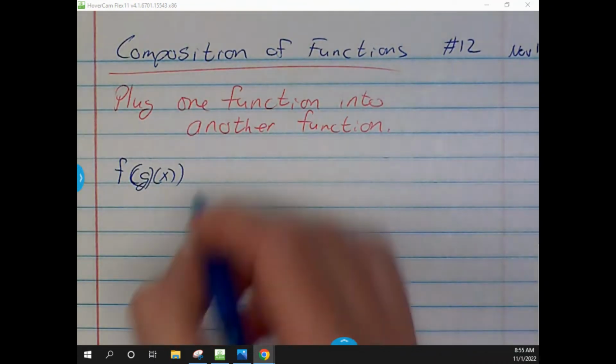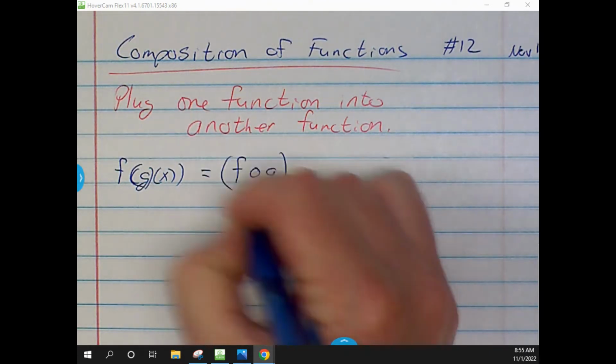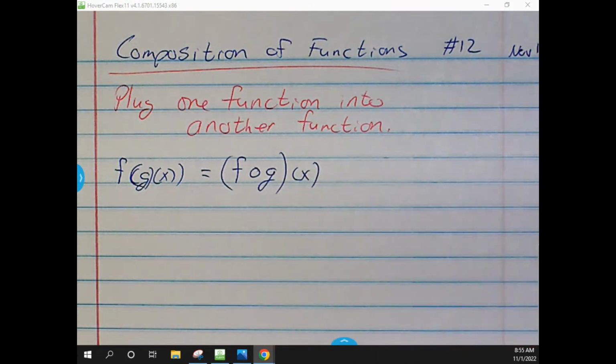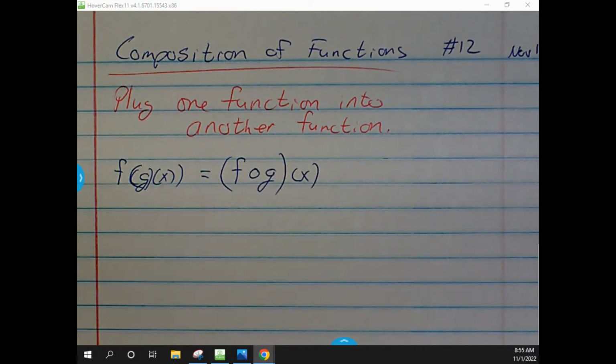Now, sometimes that gets a little bit confusing, so they might actually write it like this. It looks like fog x because it's a multiplication symbol, but it's an open multiplication symbol. So it's basically just an open circle. So it looks like fog x. I mean, it's not what it is. It's f of g of x is the way you would read that.